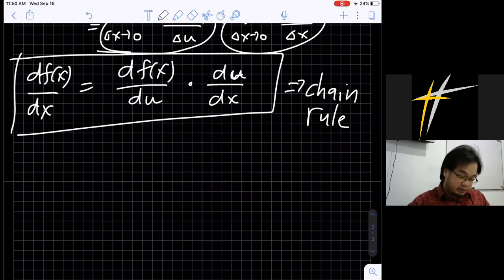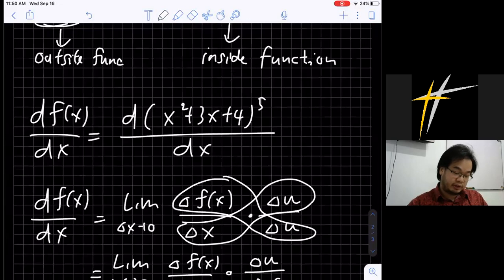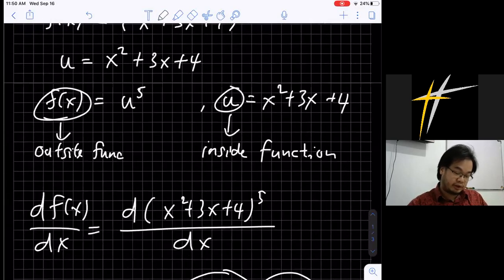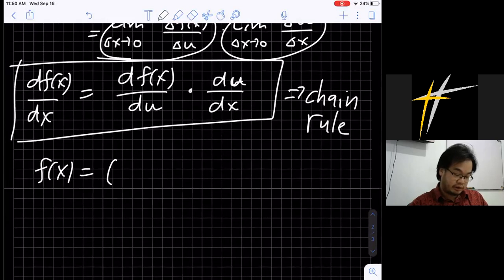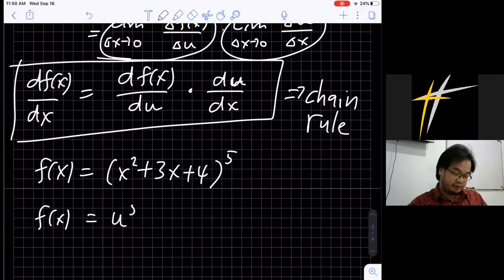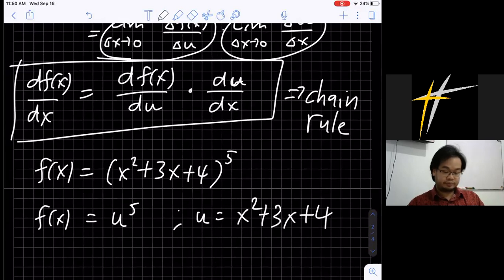So let's use an example. We know that the f(x) I use for the example is (x squared plus 3x plus 4) to the power 5. Then I say that f equals u to the power 5 and u equals x squared plus 3x plus 4.